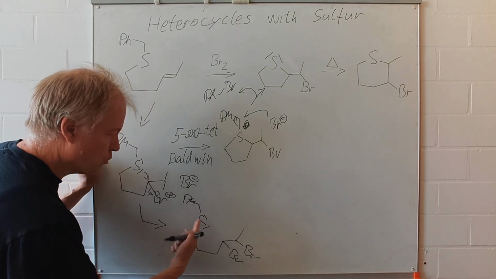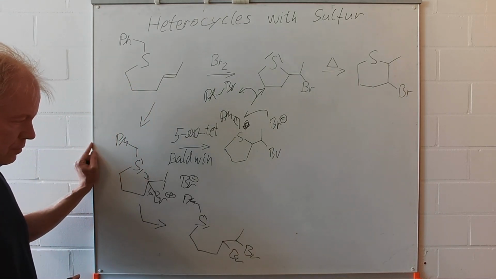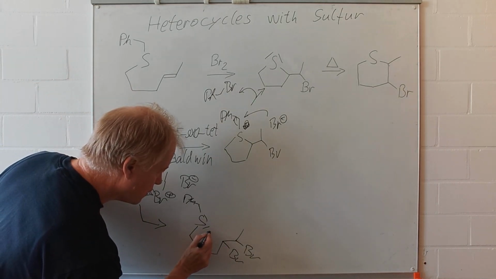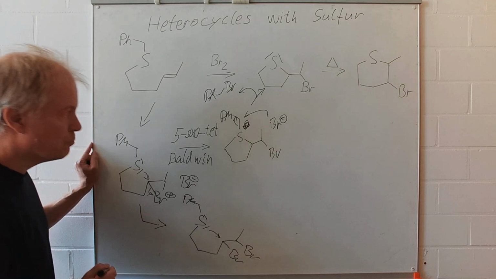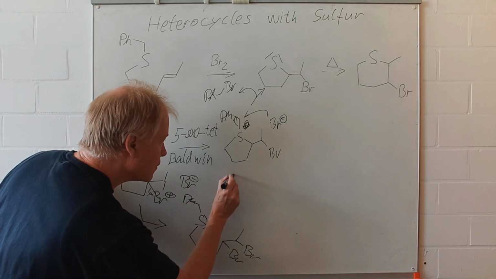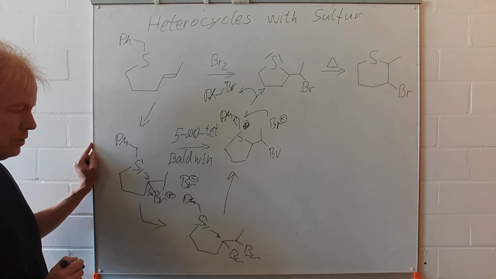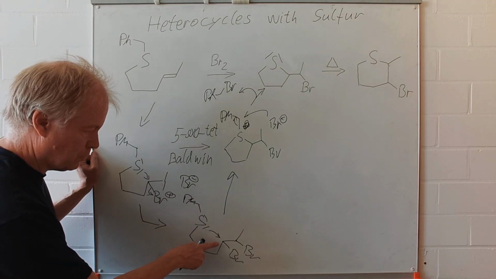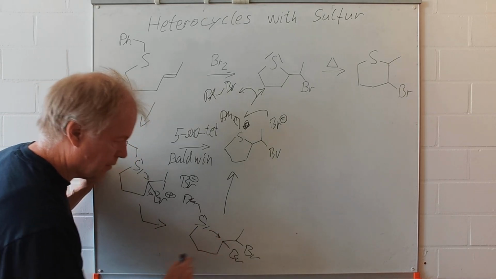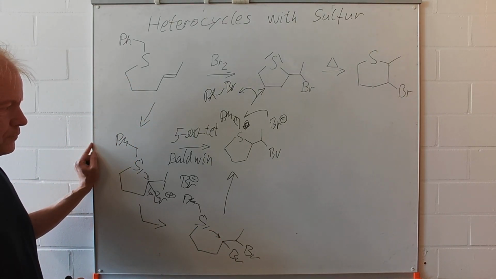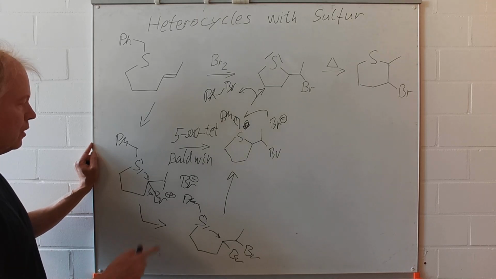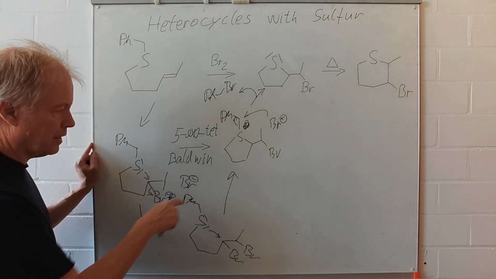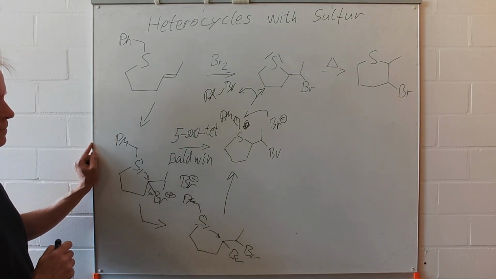Nevertheless, also from this competing product, a reaction path to the heterocyclic formation is present, simply that the sulfur is substituting intramolecularly the bromide. So also this route here, this step, is the 5-exo-tet cyclization.